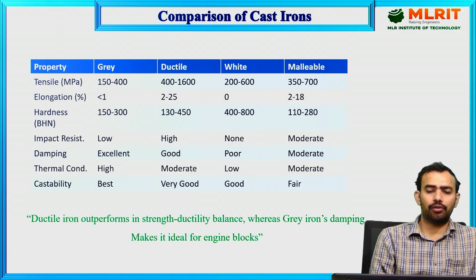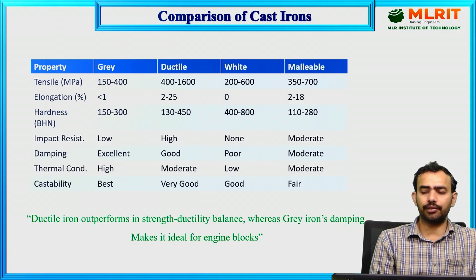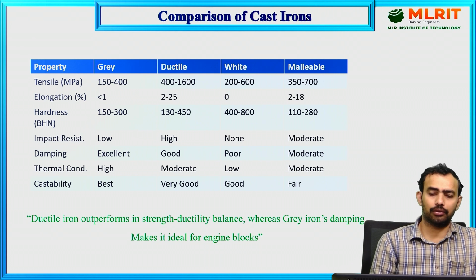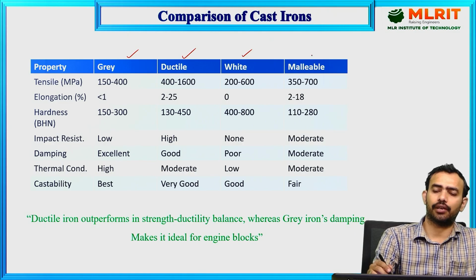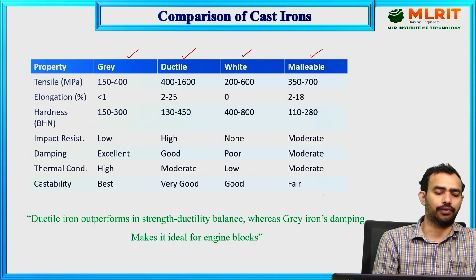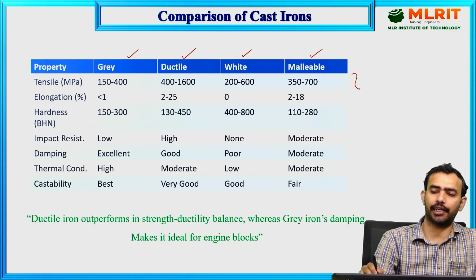So overall, we look at the comparison. We have gray cast iron, and we have discussed ductile, white, and malleable cast iron. First we will look at mechanical properties.